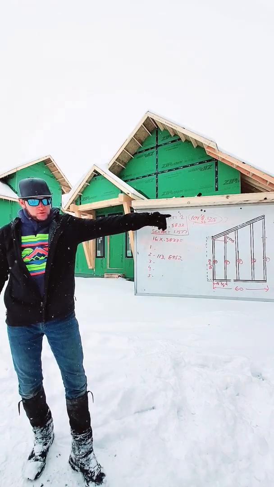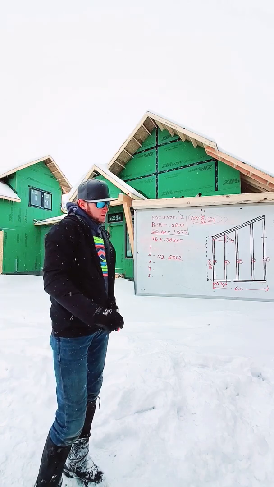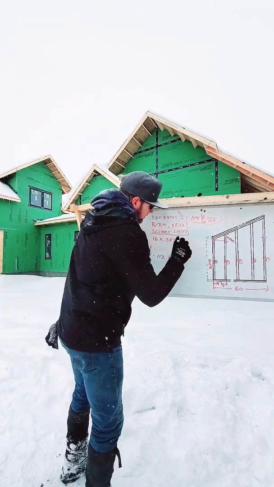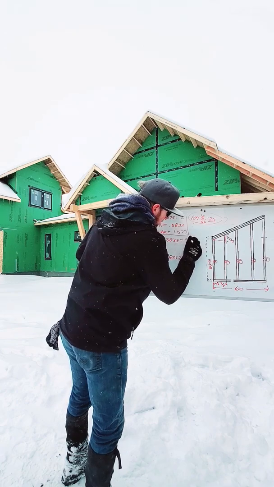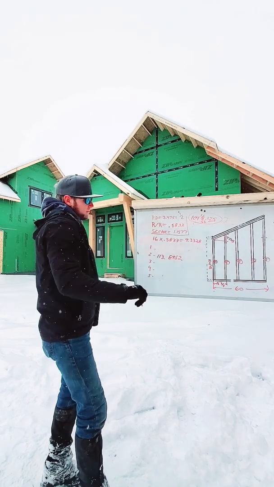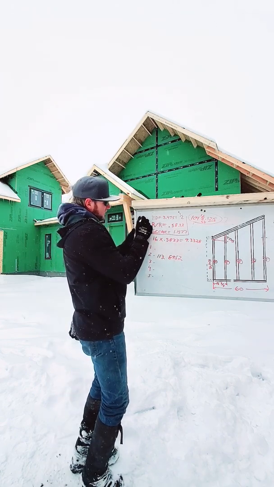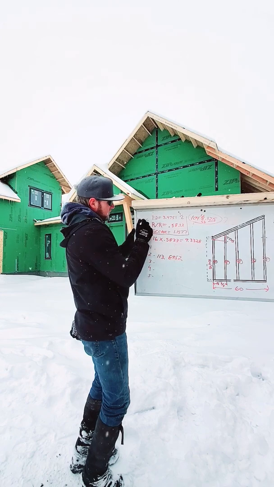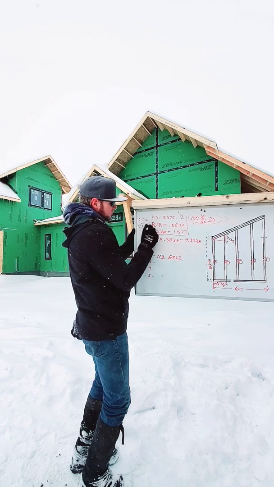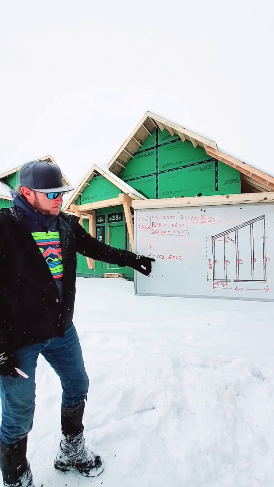So for a 7/12, the 16-inch on center step is 9.3328. Don't worry about converting the decimal. So I'm just going to go 16 OC equals 9.3328.